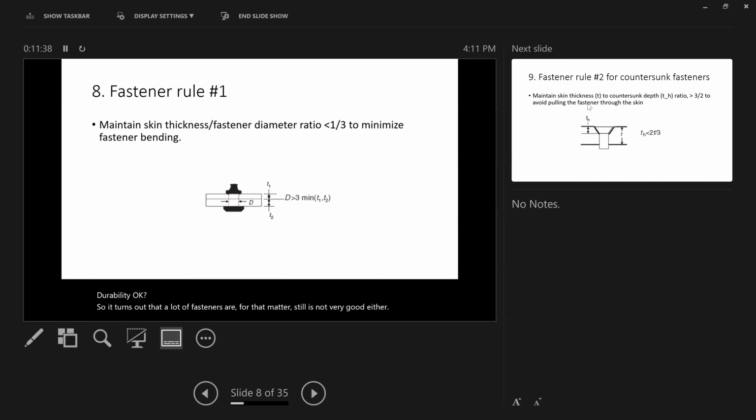For those who have worked with Boeing, you probably know that all the fasteners on the Boeing 787 are made of titanium. There's a good reason for it. The number one reason for using titanium is corrosion resistance. Titanium is a semi-noble metal. It has fewer corrosion issues than aluminum and steel.